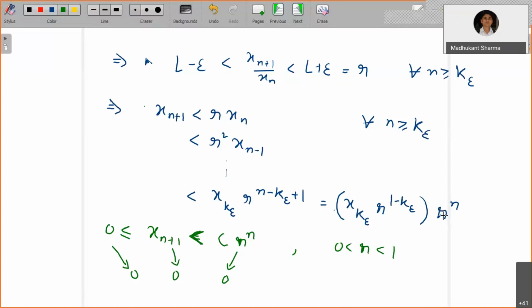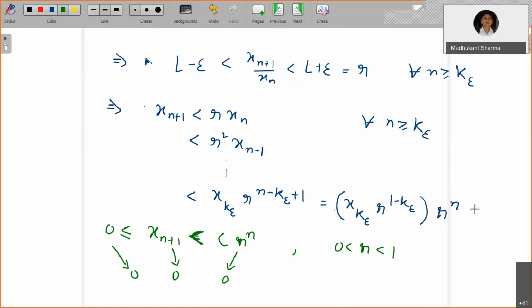So now it looks like the sequence a to the power n, which you know converges to 0 as n tends to infinity whenever 0 is less than a is less than 1. Okay, so I hope this is how we got this last point.